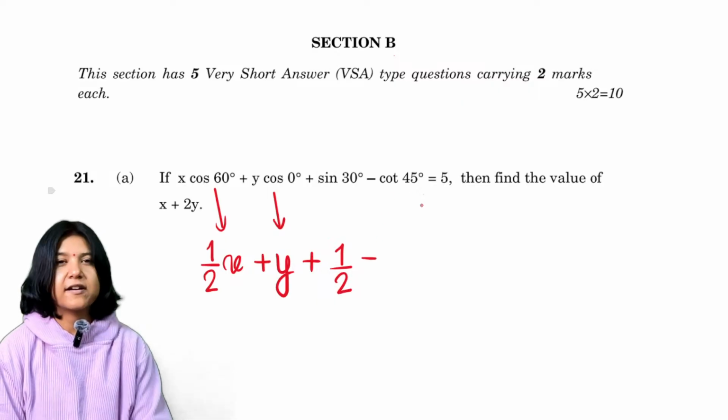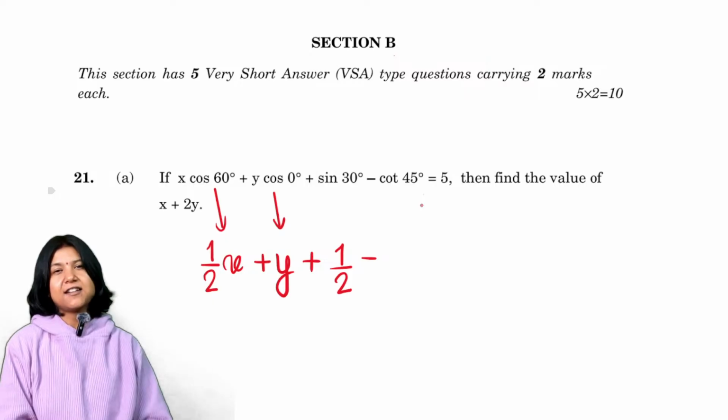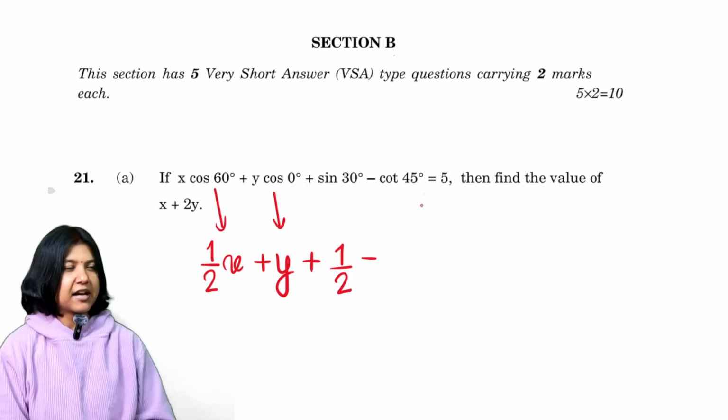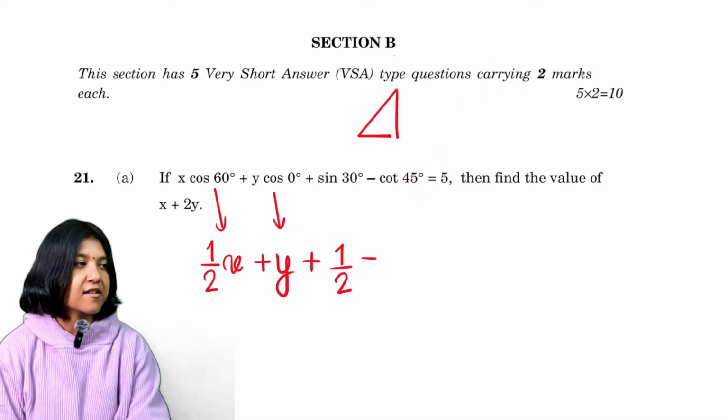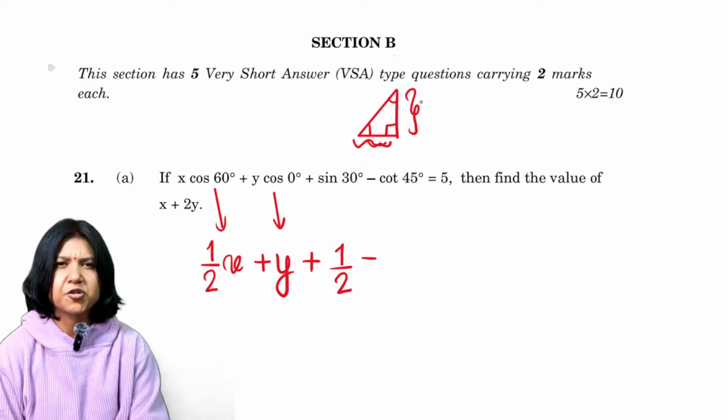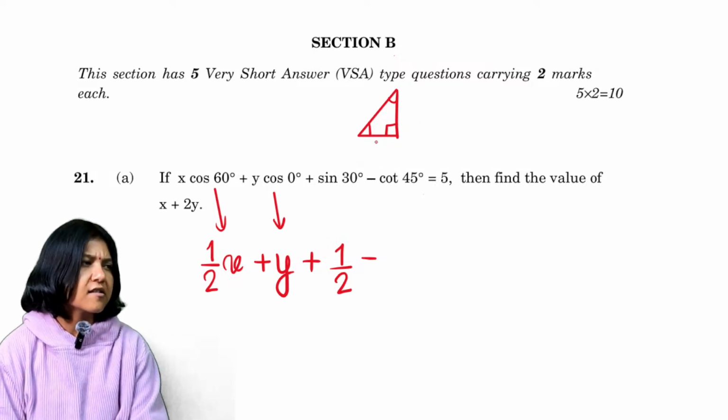Cot 45, now cot is the reciprocal of tan, and tan 45, I don't know if you know this, 45 degrees as in what? The triangle is an isosceles right angle triangle, because this is 90 degrees, this is 45, this is also 45. So either you take the ratio of perpendicular to adjacent or adjacent to perpendicular, it is going to remain the same. The logic is because you have the two sides equal, right?